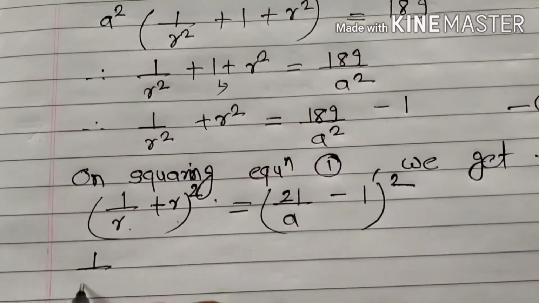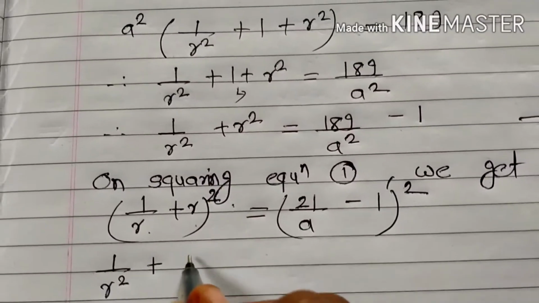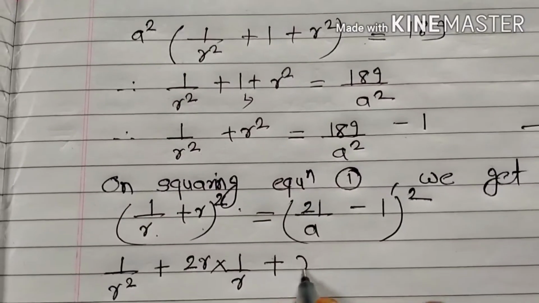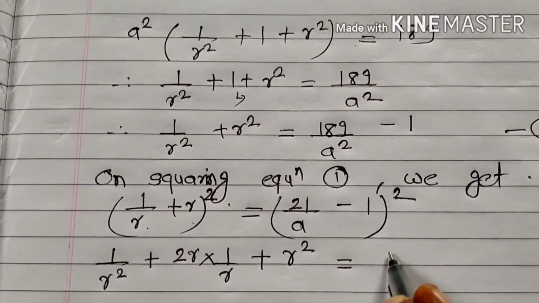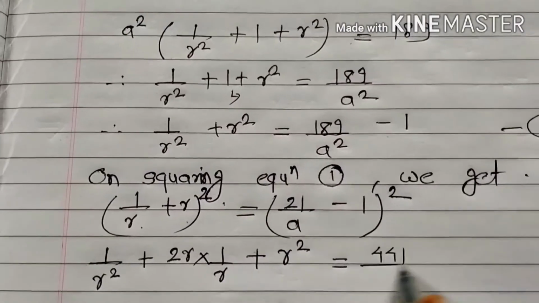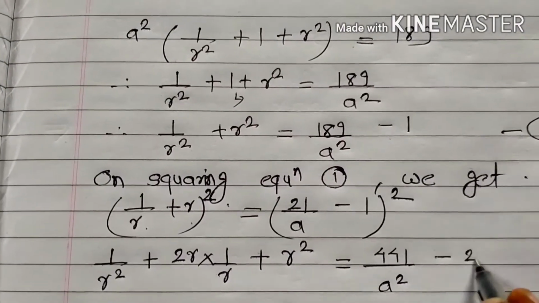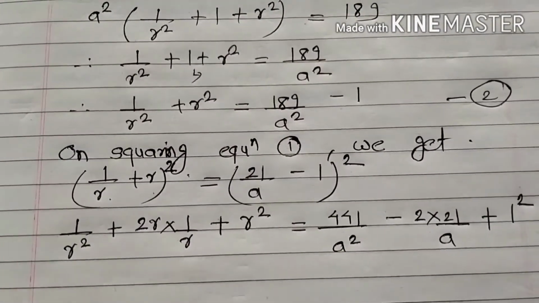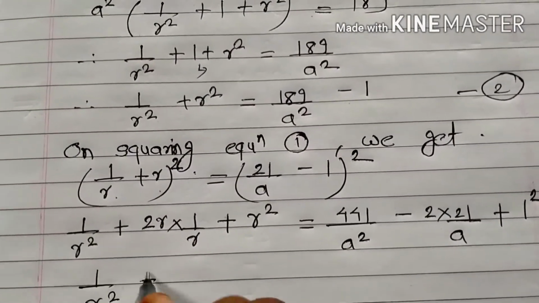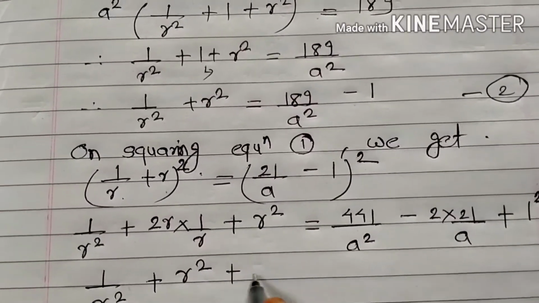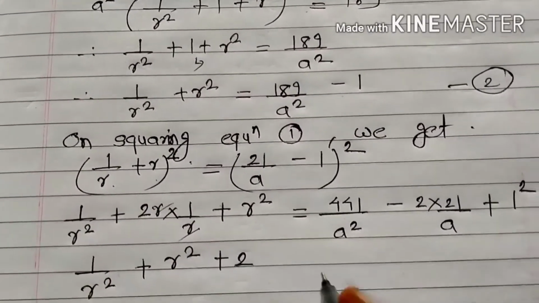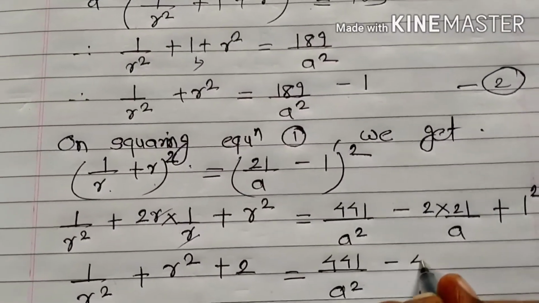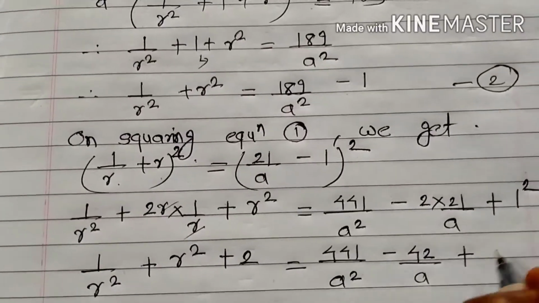So it is 1 upon r square plus 2 into r into 1 upon r plus r square, and here also the same: 441 upon a square minus 2 into 21 upon a plus 1 square. So it is 1 upon r square plus r square plus 2, this r cancels, and here it is 441 upon a square minus 42 upon a plus 1 square is 1.